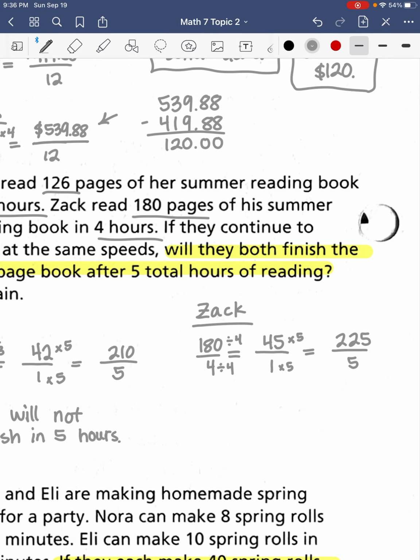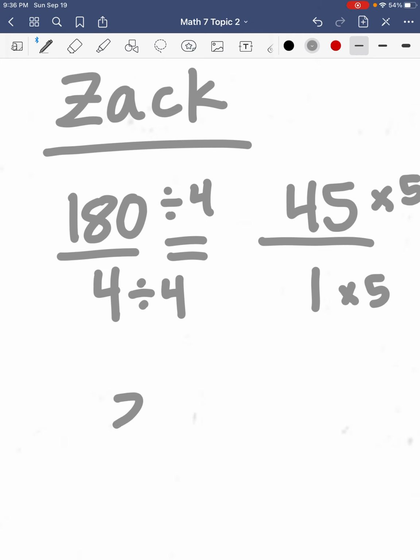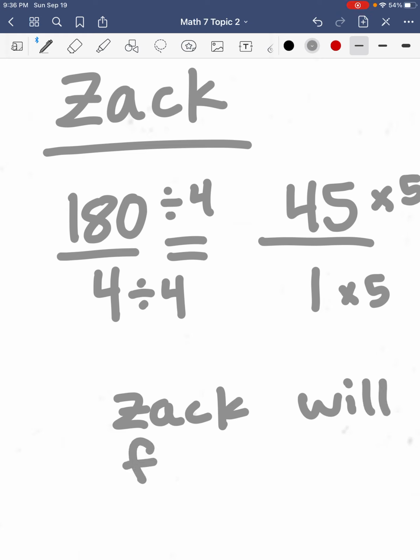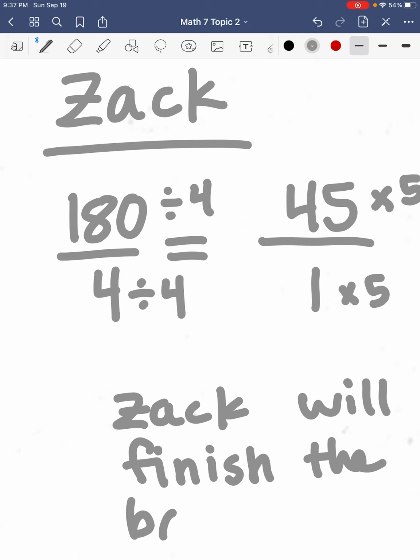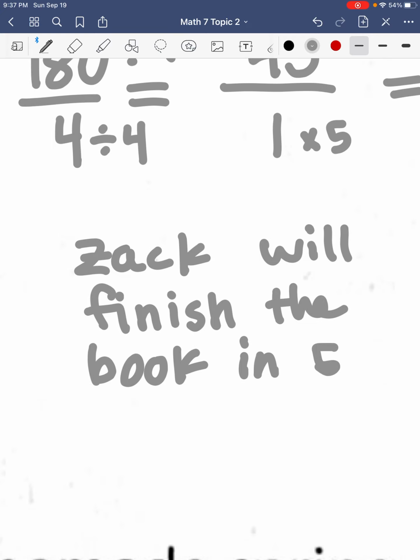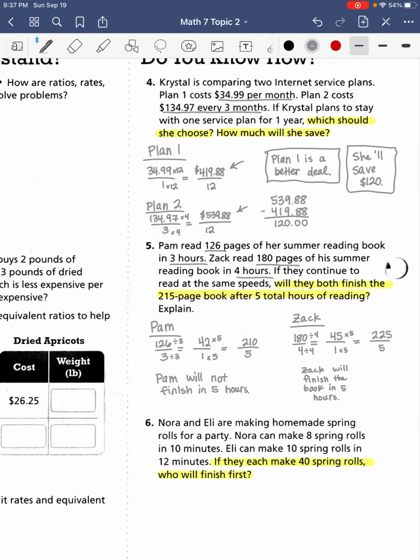So will he finish the 215-page book? He sure will. So Zach will finish the book in 5 hours. So Pam will not finish it in 5 hours, but Zach will.